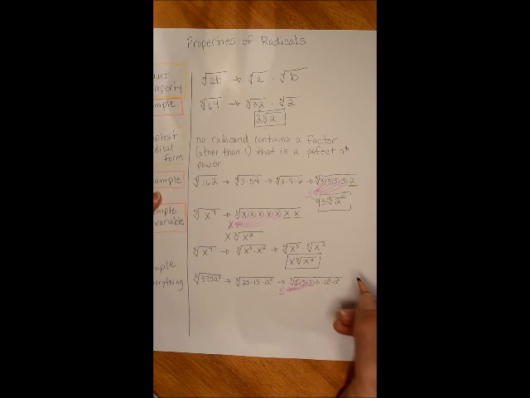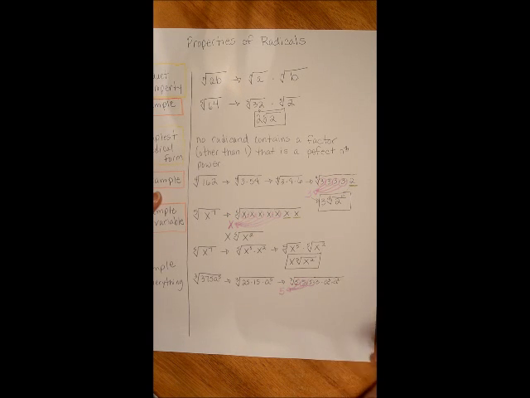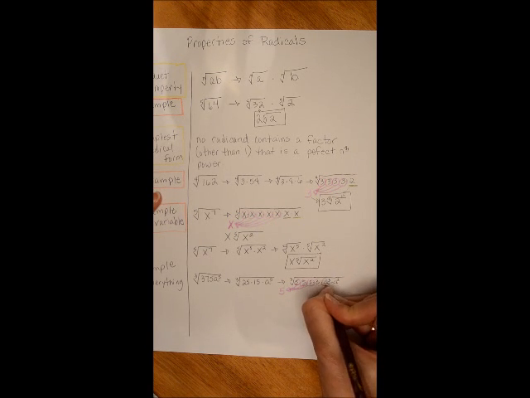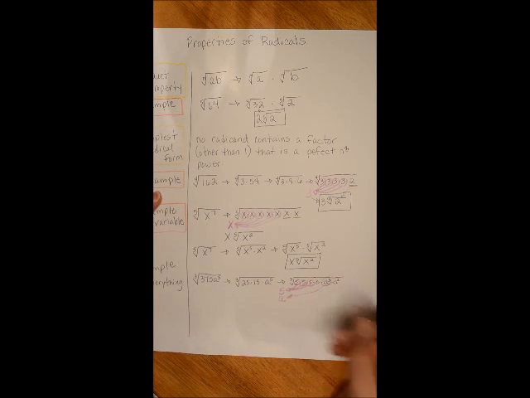This one, I could split up and say a times a times a, but I don't think I need to do that. I have 3 a's sitting here. It's like text messaging, so you don't have to write them all out, right? Used to be called shorthand, but we changed the name as we changed generations. So this, just taking this to the outside, is going to give me just a.